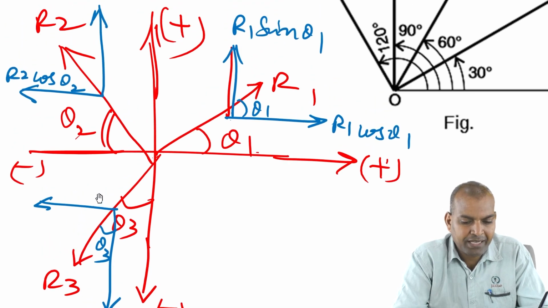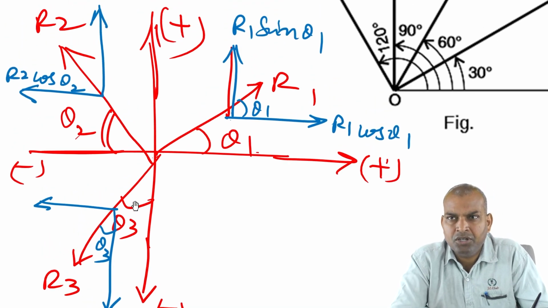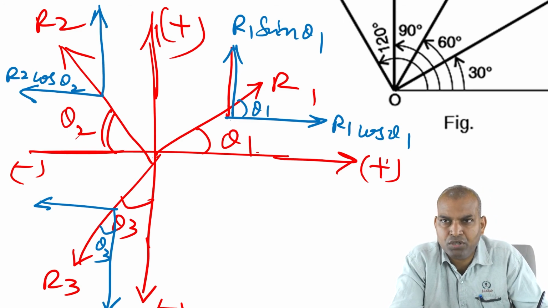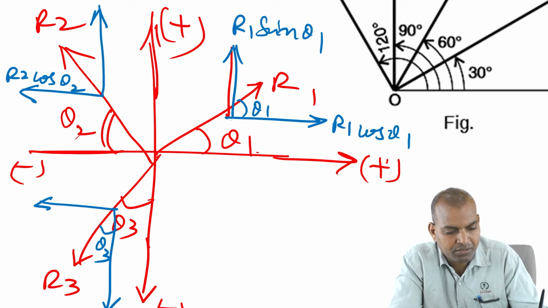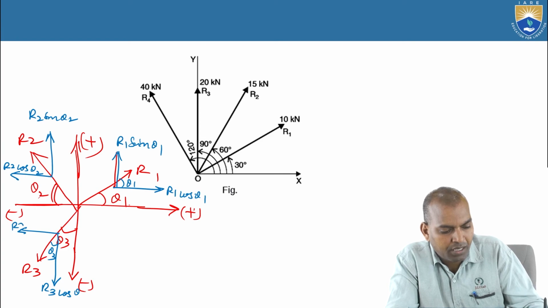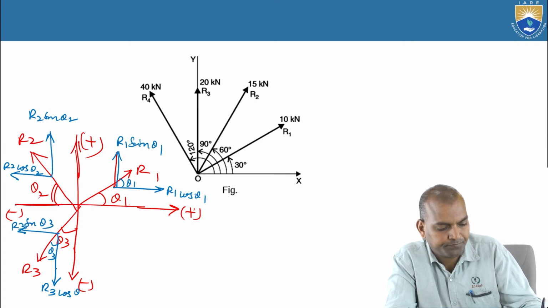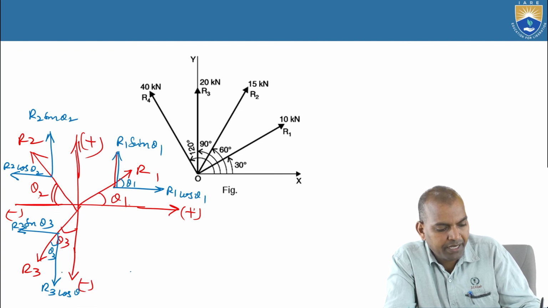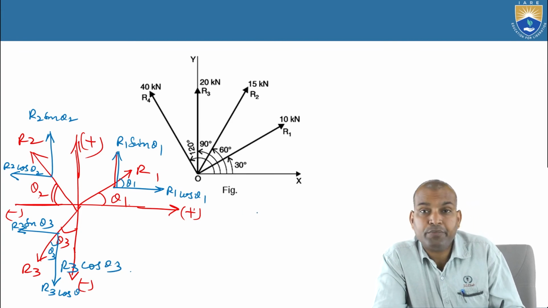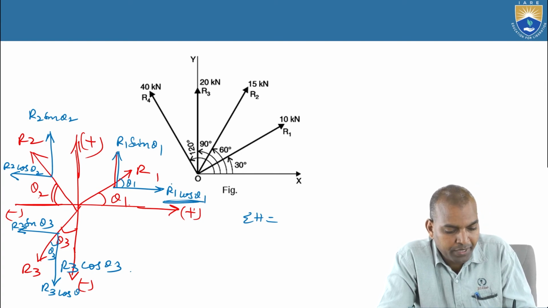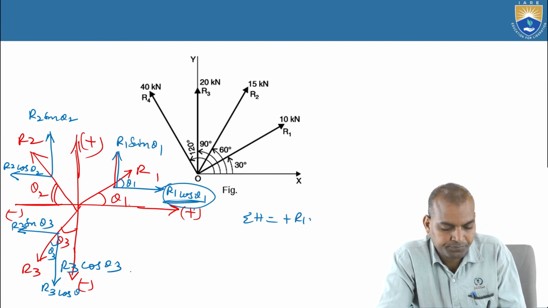So the point is that all these things we can write as sigma h and sigma v. Let me mention here. Now, what is the sigma h value? The positive component R1 cos theta 1.